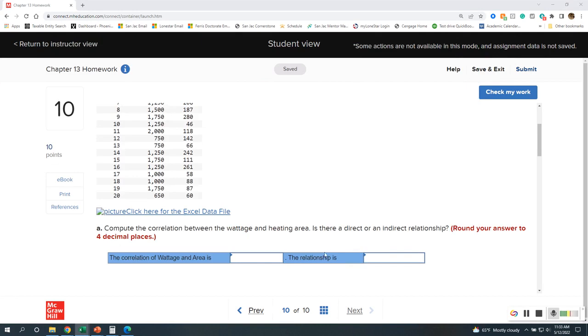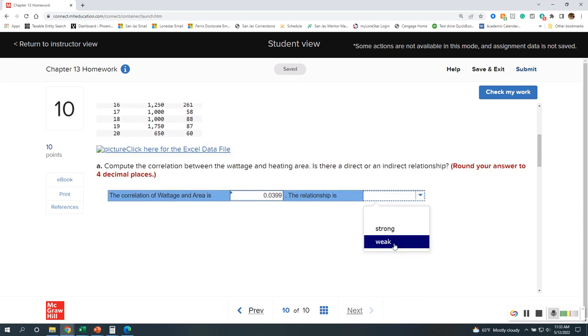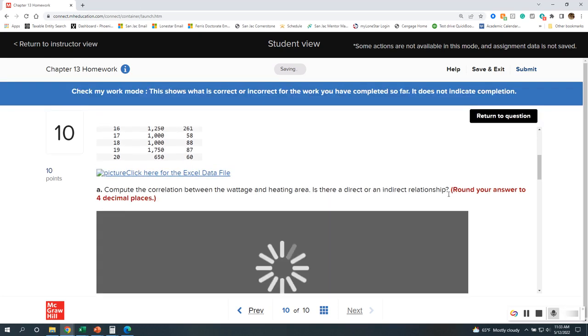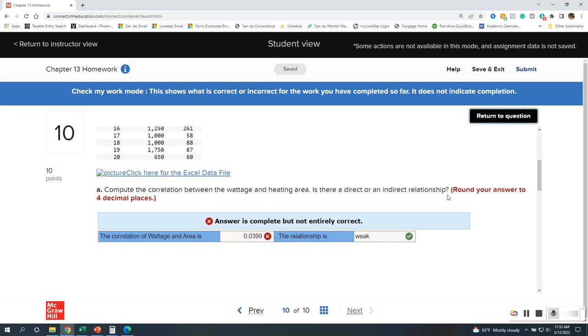Again, closer to 0 than it is to 1. So it's a very weak one. Alright, so let's go ahead and look up the formula for correlation just to see what's going on here.